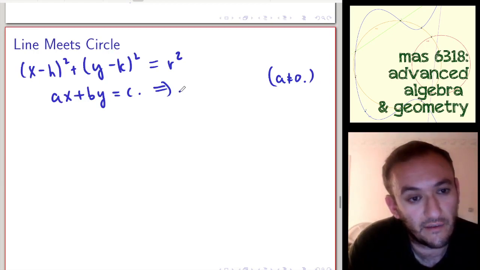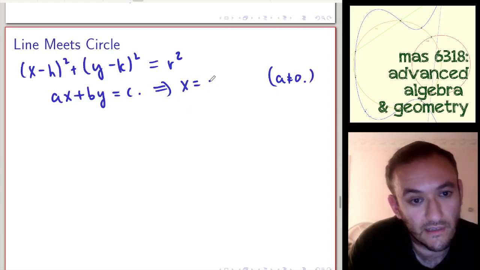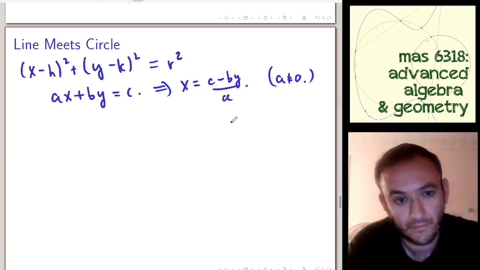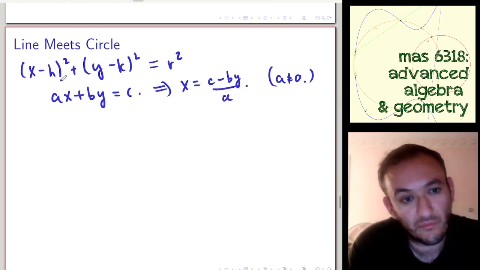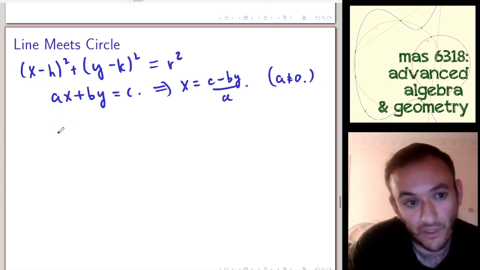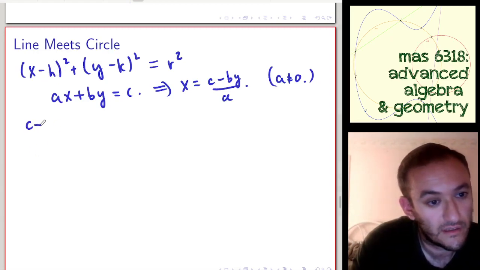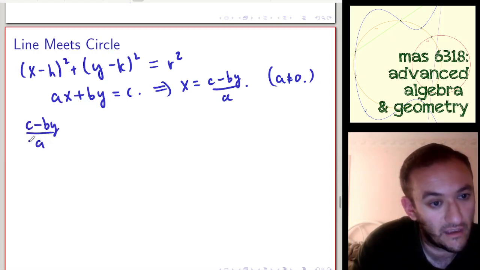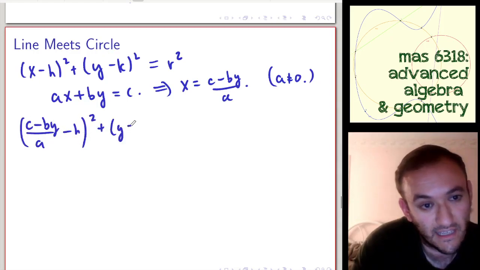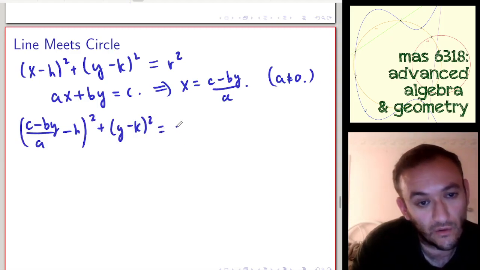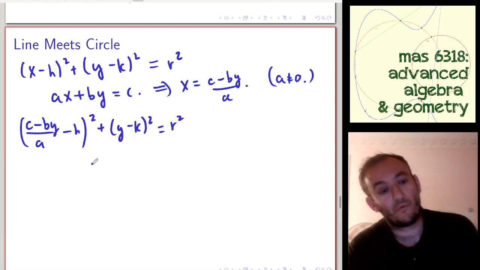So then we're going to have x equals (c minus by) divided by a. Okay? And now we can plug into the first equation. So we have (c minus by over a minus h) squared plus (y minus k) squared equals r squared. Okay.